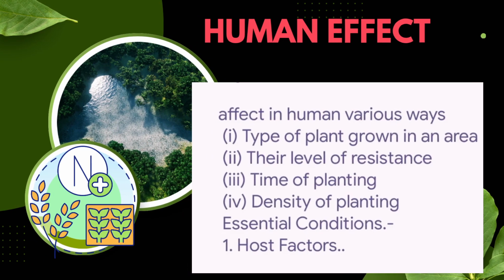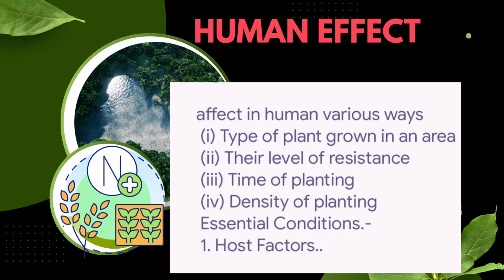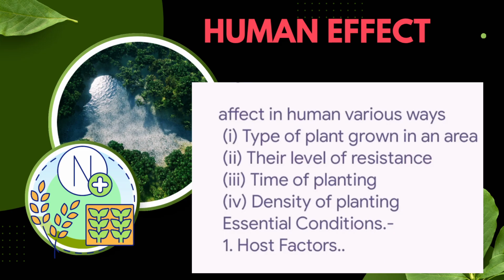Here, humans are not creating any pollution, but humans affect in various ways, like plant growth, level of resistance, and time of planting. If humans plant when environmental conditions are favorable to pathogen growth, that is a problem. Also plant density: if humans do not grow plants in a good number, it is very difficult for the plant to survive the pathogen.